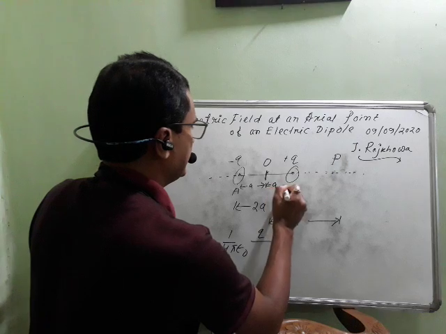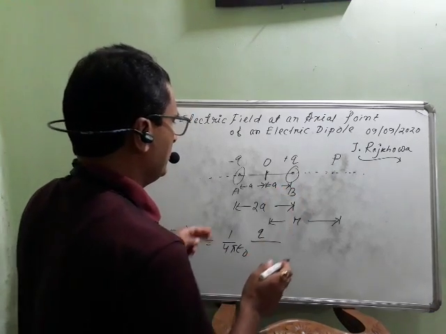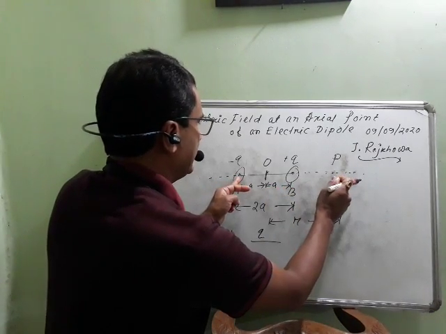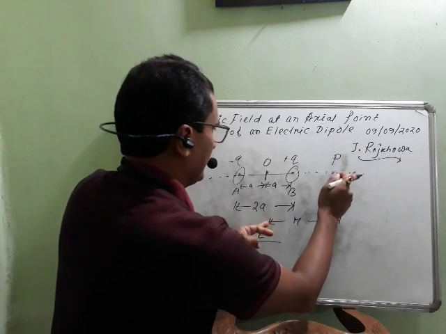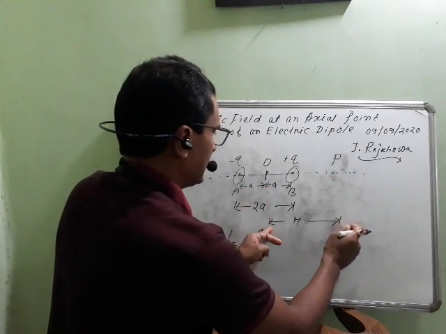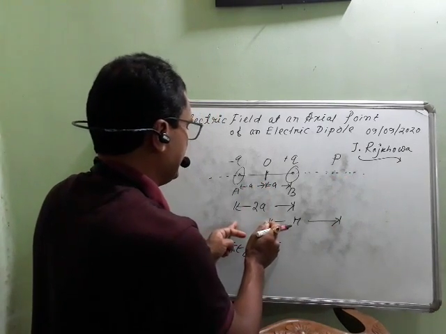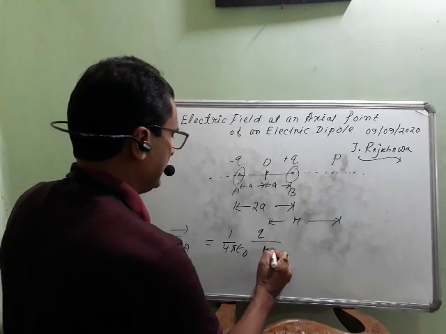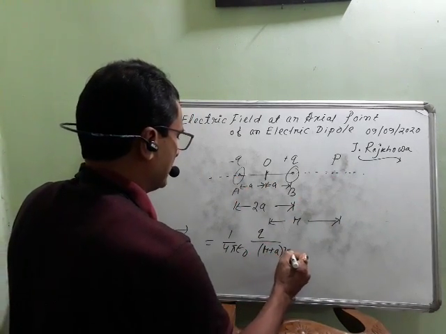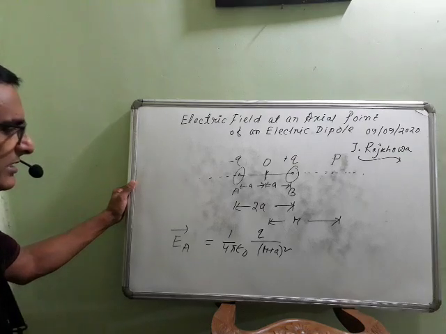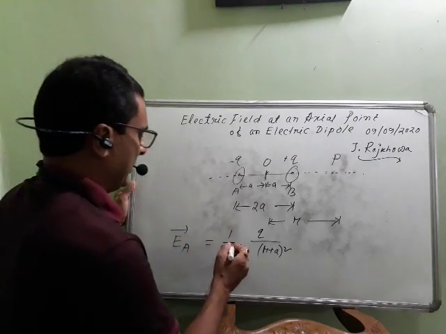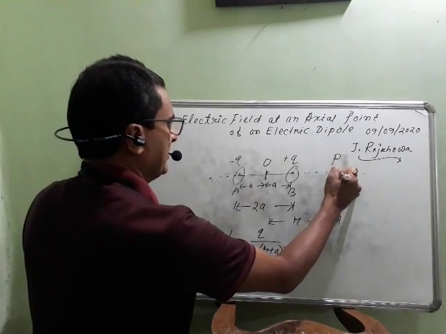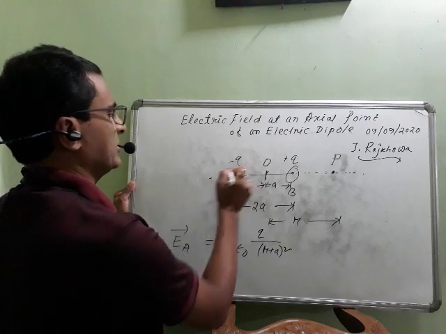Again, this distance is a. Now from here to there, this is r. From here to there, this is a. So from this point to that point, this is r plus a. So it is (r plus a) whole square. This is the electric field at point P due to this charge.